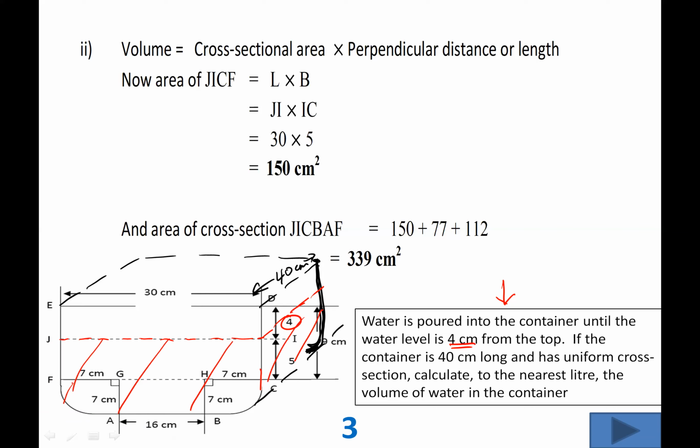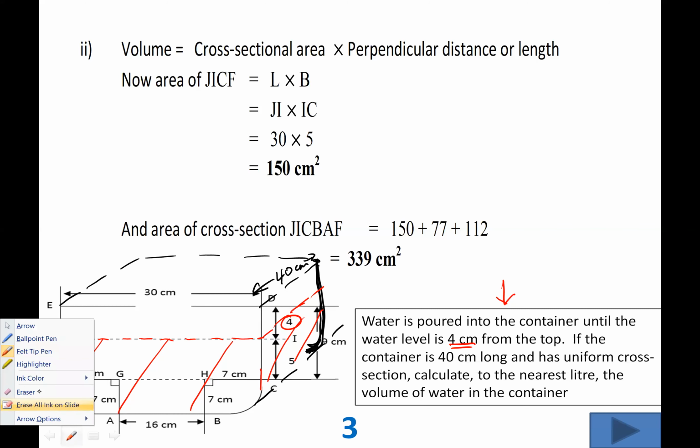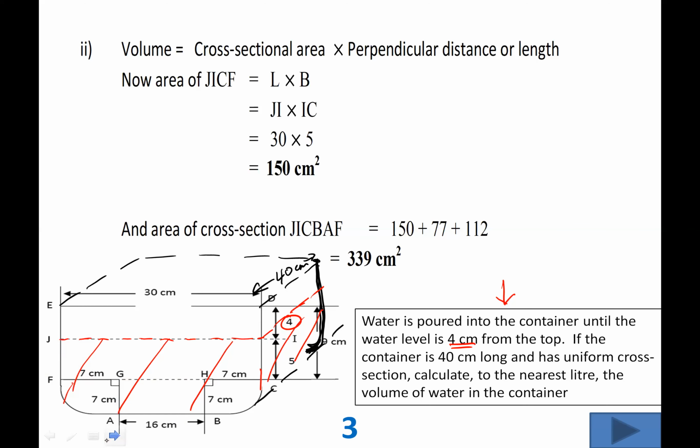So what we would have to do in order to solve this is to recognize that the volume they are looking for is always going to be, for a prism, because this is a prism since it has a regular cross-sectional area, A times L. We learned that at the very beginning of this topic, where A refers to the cross-sectional area.